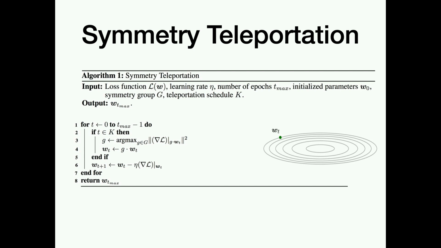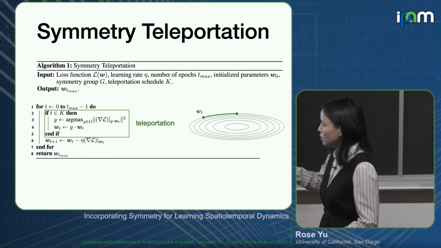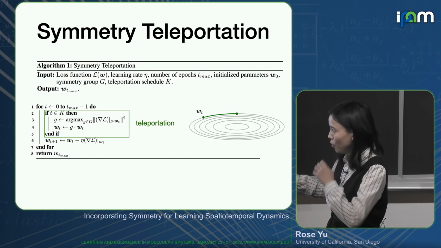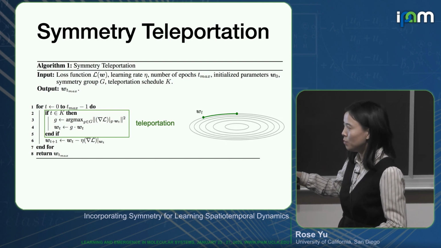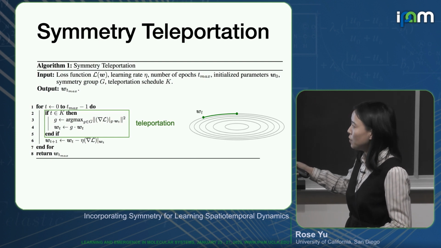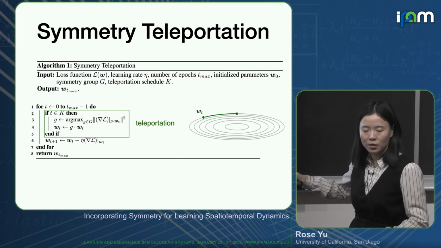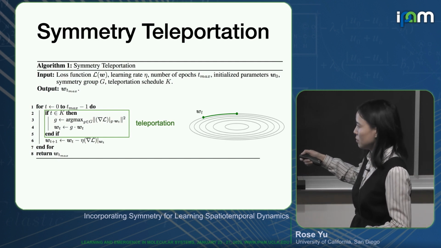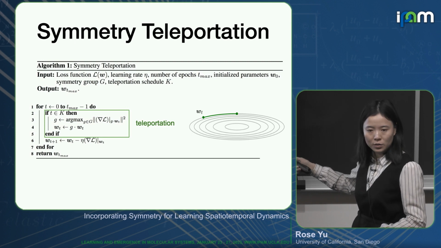But here we wanted to make big jumps along the landscape, so we have a subroutine in the optimization algorithm that allows the variable to make big jumps, which we call teleportation. If you look into the subroutine in more detail, we wanted to transform the parameter at time t, w_t, to a different position along the level set of the landscape, which means the loss actually doesn't change along this teleportation.